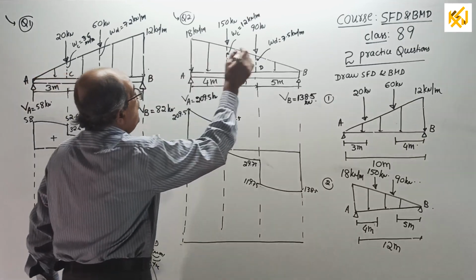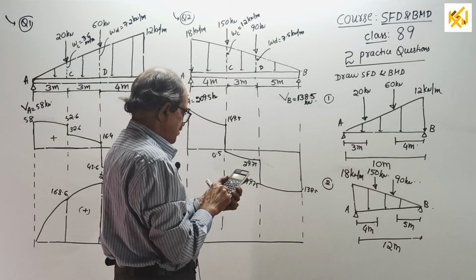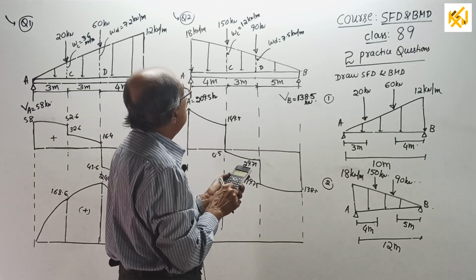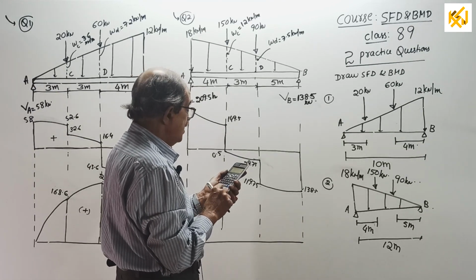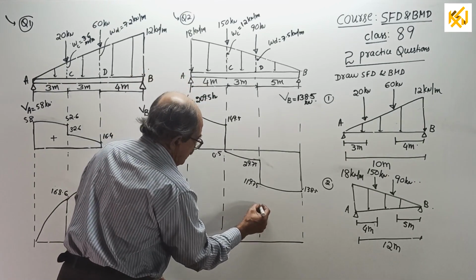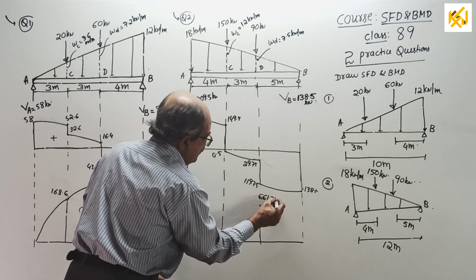Here, BM here 0, BM here. Look this side. 138.5 into 5. 5 into 5 minus half into 5 into 7.5 into 1 by 3 of 5 equal to 661.25. 661.25 is I write here. 661.25.